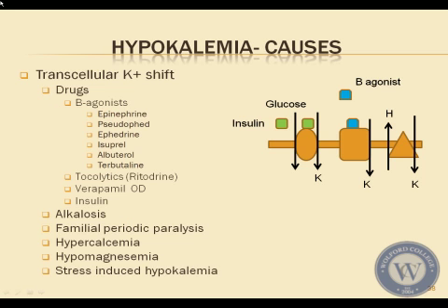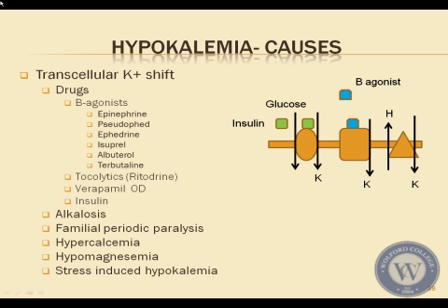The other form of hypokalemia is a transcellular potassium shift. This is actually something that we use all the time if we have a situation where the patient is becoming acutely symptomatic of hyperkalemia. We use these normal pathways to reverse that effect and to push the potassium back into the cell. But these are normal processes that may also contribute to hypokalemia.